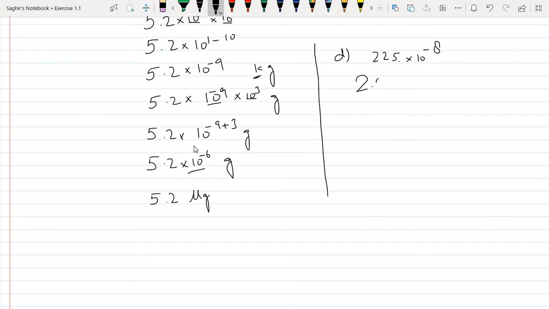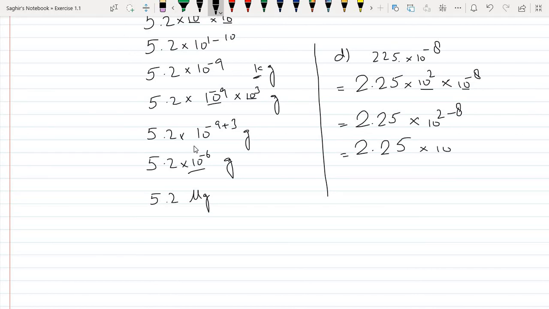So here I write 2.25 multiplied by 10 raised to power 2 multiplied by 10 raised to power minus 8. When bases are same and multiplying, powers will be added, here I get 2.25 multiplied by 10 raised to power 2 minus 8, which is 2.25 multiplied by 10 raised to power minus 6.